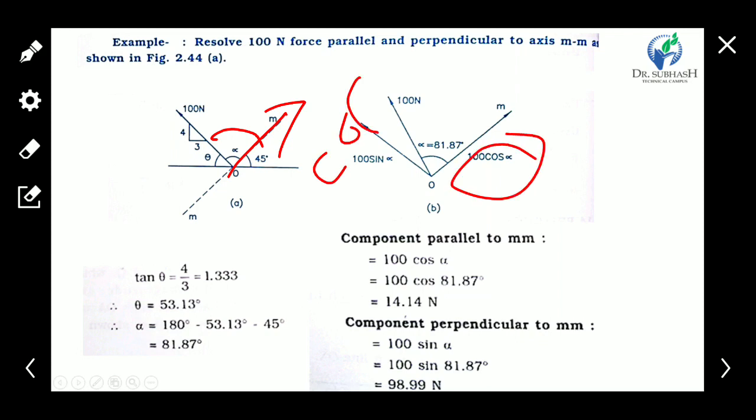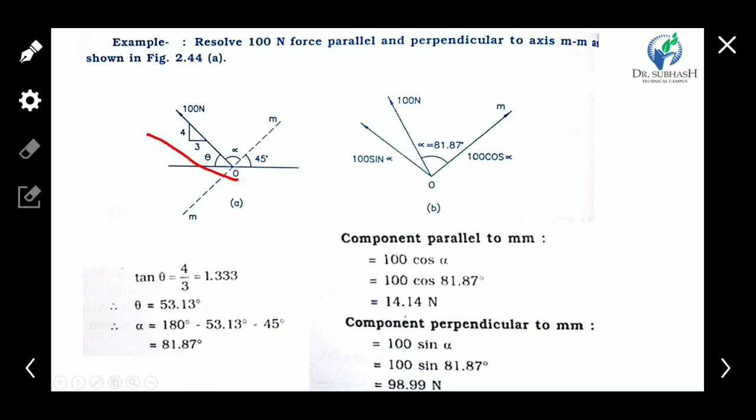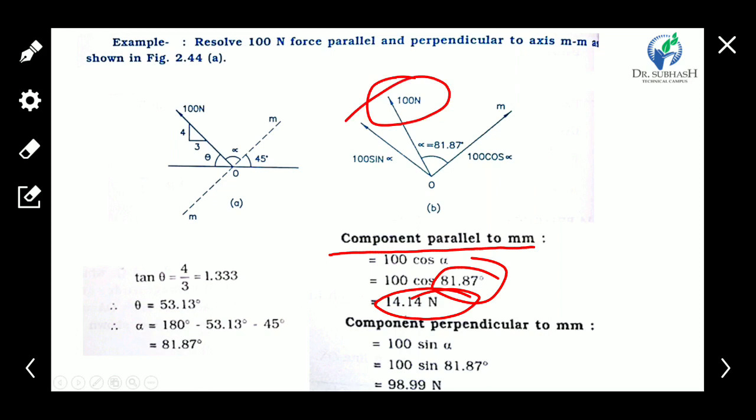So the parallel component is 100 cos alpha, and the perpendicular component to the axis is 100 sin alpha. Alpha is 81.87 degrees, and we get 14.14 Newton as the component parallel to the axis of this 100 Newton force.